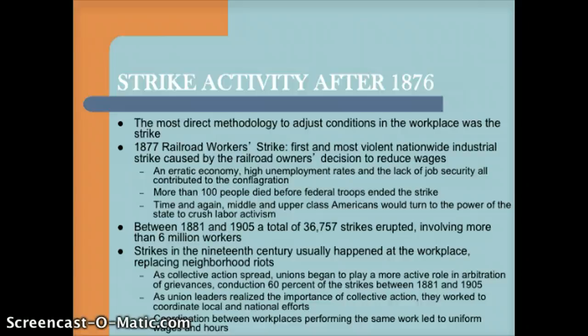But your book points out that even though unions developed earlier than 1876, it was the 1877 railroad workers' strike that shocked the nation. And in it, tens of thousands of people went on strike, and more than 100 people were killed by federal troops. And that in itself raises very interesting questions.